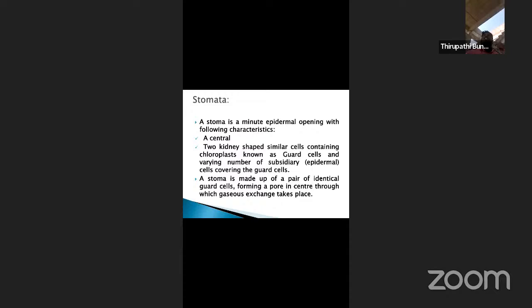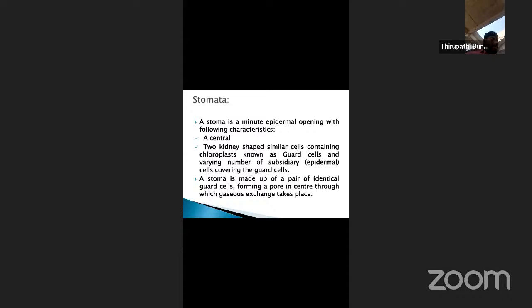Cylindrical structure. That is the complete information on stomata and the stomatal conditions.